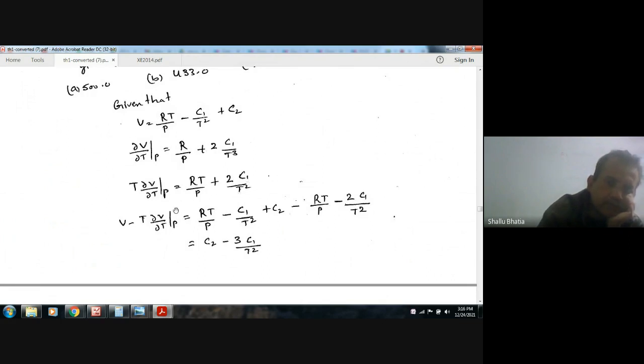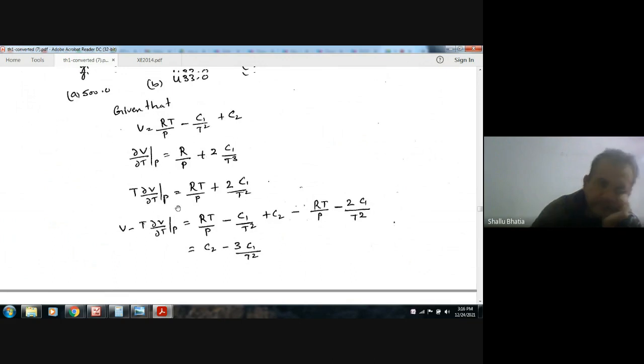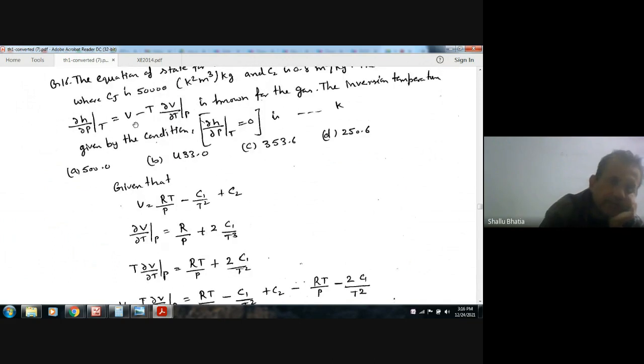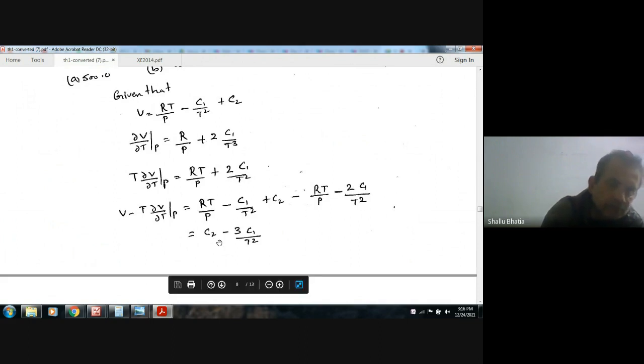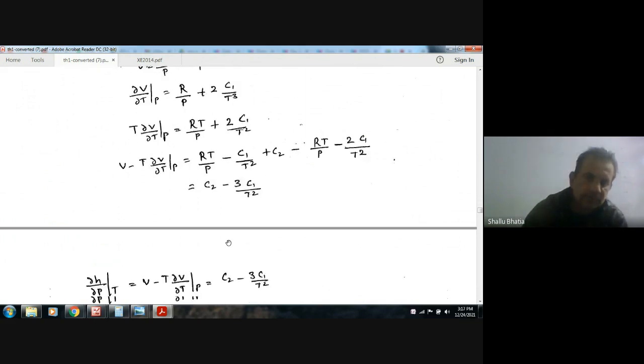Now again finding the value V minus T (del V by del T). We have RT by P minus C1 by T squared plus C2 minus RT by P minus 2 C1 by T squared. Here the C1 terms will combine, giving C2 minus 3 C1 by T squared.